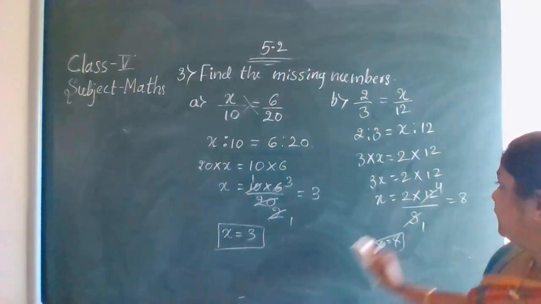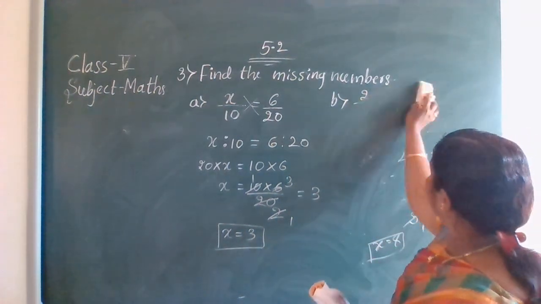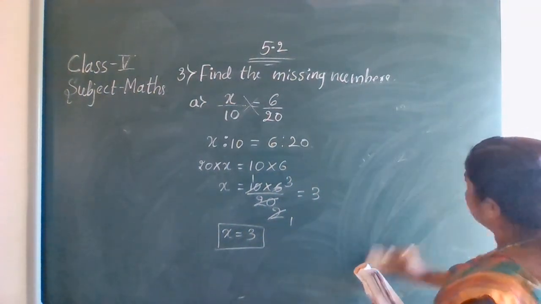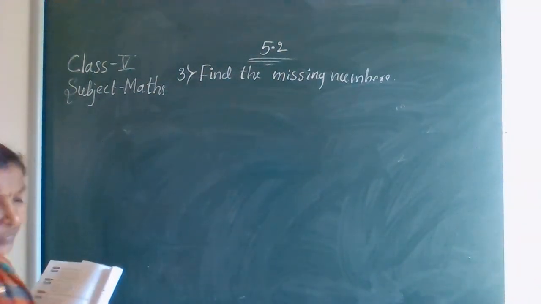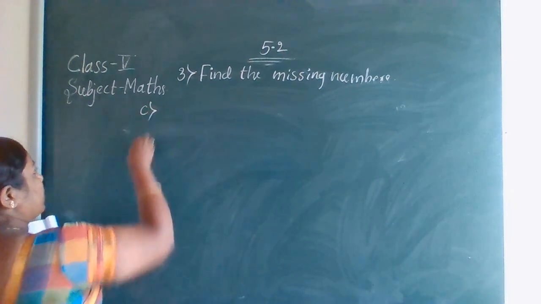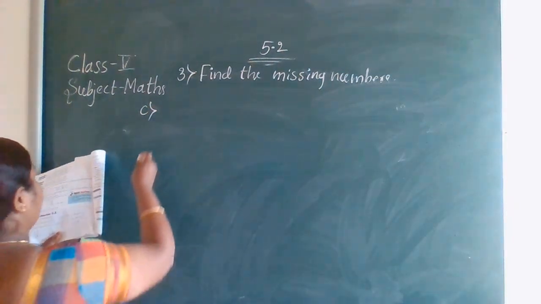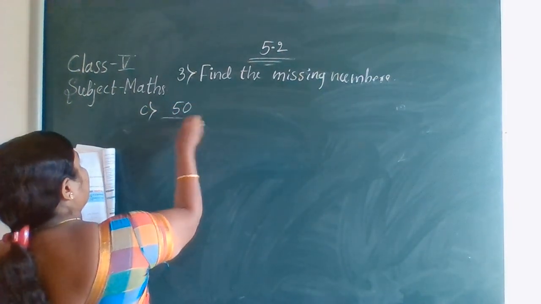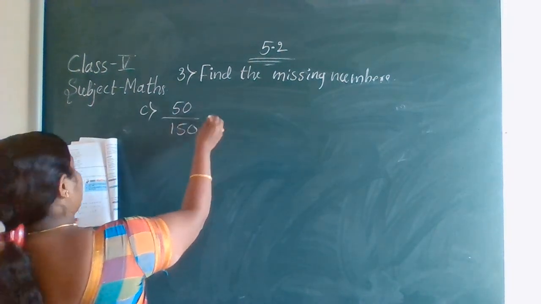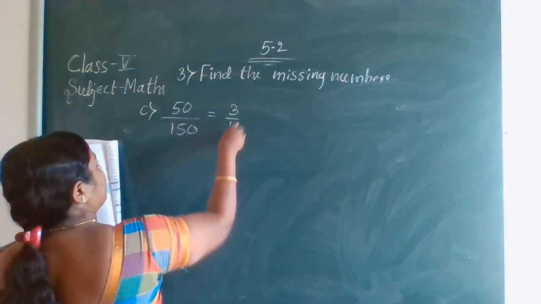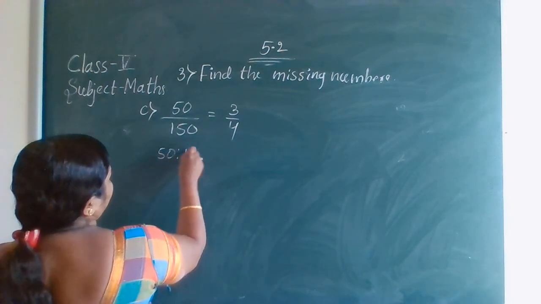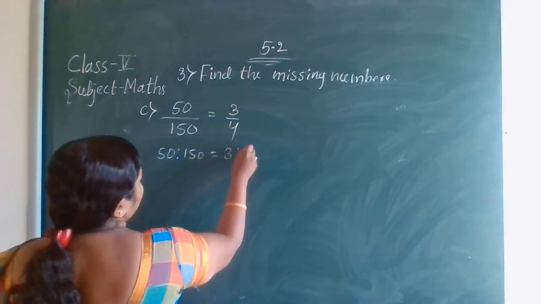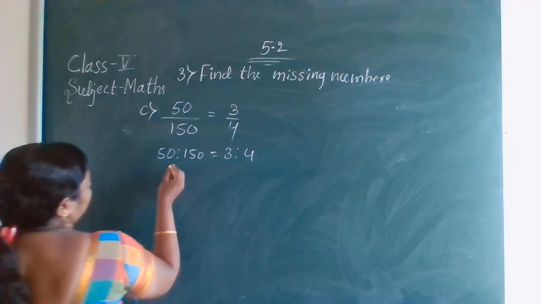Next, C. 50 by 150 equal to 3 by y. 50 is to 150, 3 is to y.